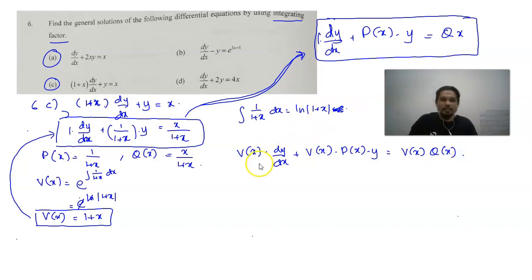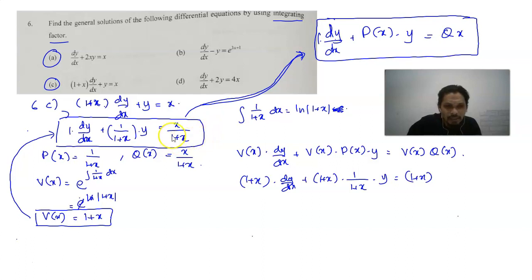Here it is 1 plus x multiplied with dy/dx plus 1 plus x multiplied with P, which is 1 over 1 plus x, and then y equals V, which is 1 plus x, Q(x).